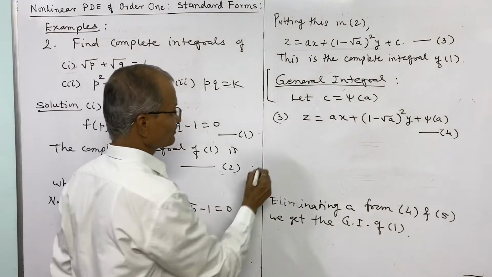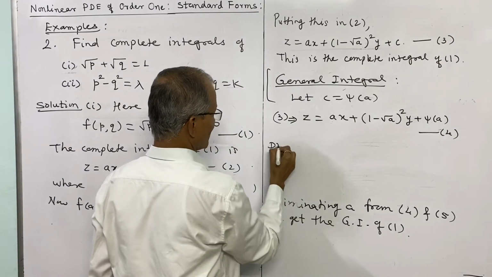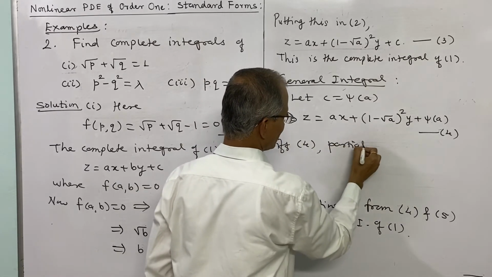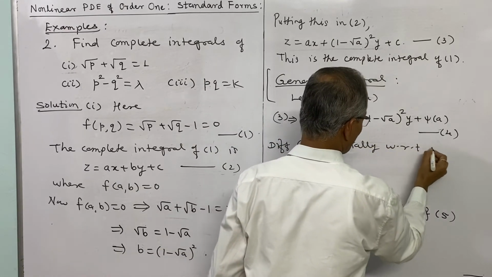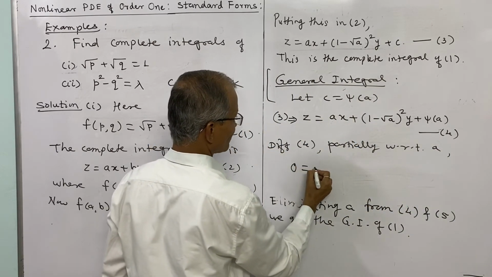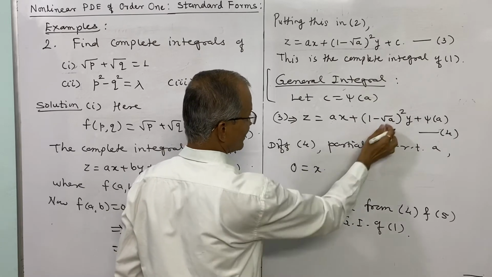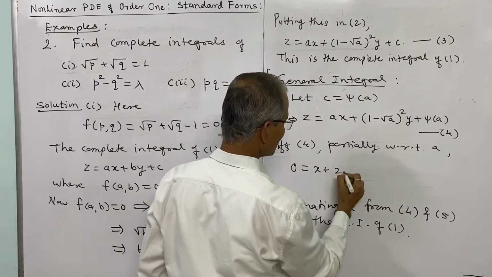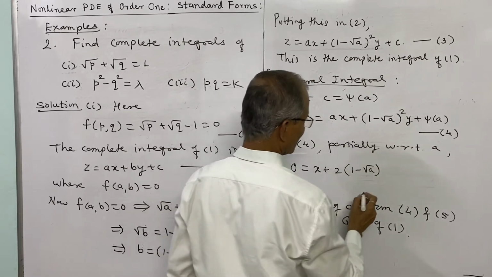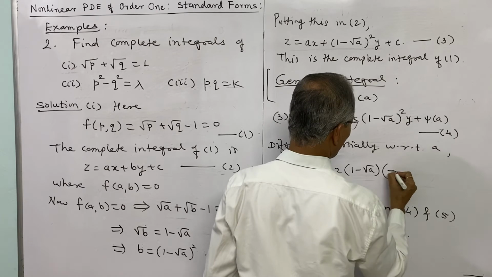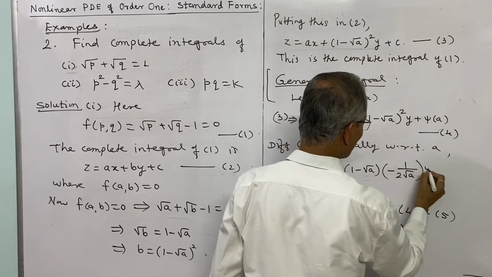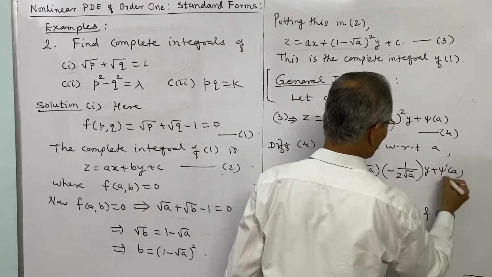Differentiate 4 partially with respect to a. So that gives 0 is equal to x plus 2 into 1 minus under root a into the derivative of the inner function, that is minus 1 over 2 root a, into y plus psi dash of a.